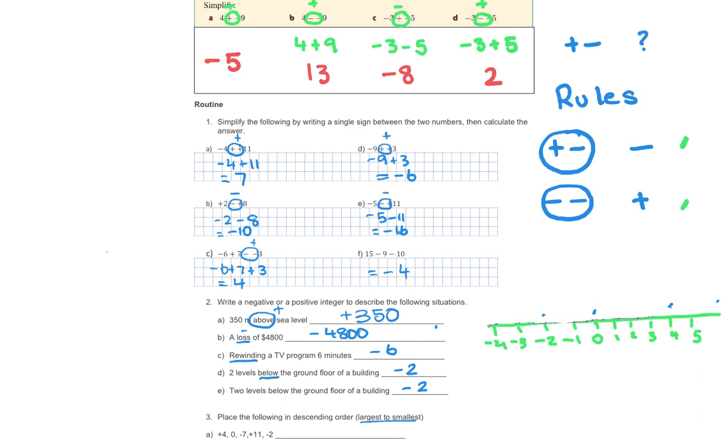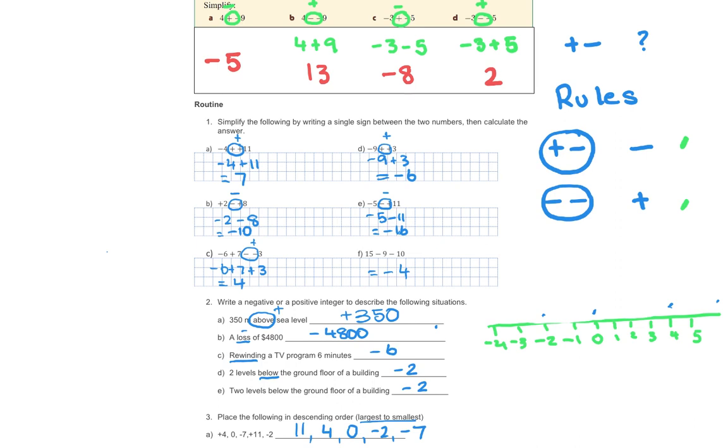Okay, so now I can see the numbers really clearly. Let's write them down. 11, 4, 0, -2, -7.